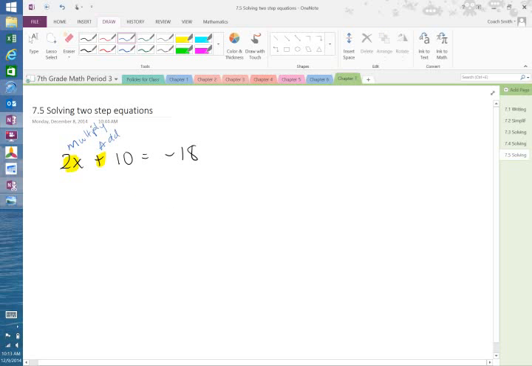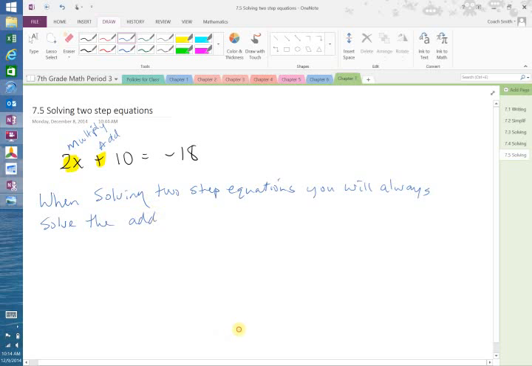Okay, so when we're solving two-step equations, you will always solve the addition or subtraction first.